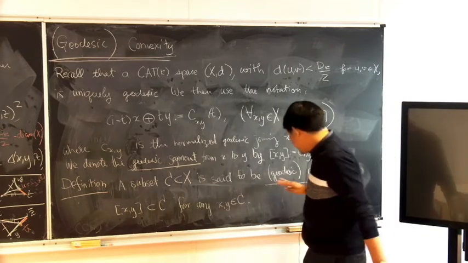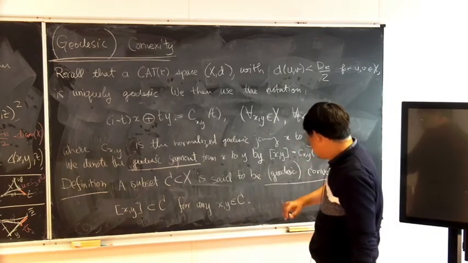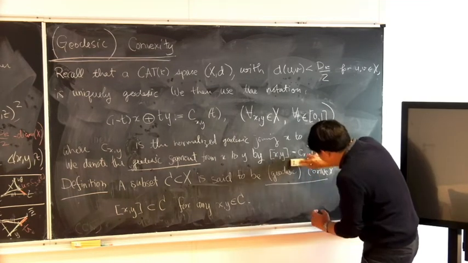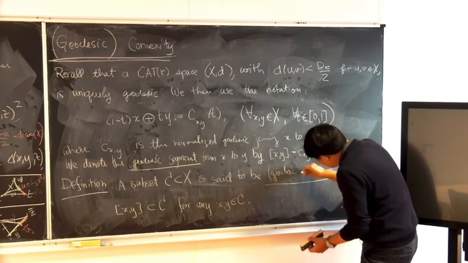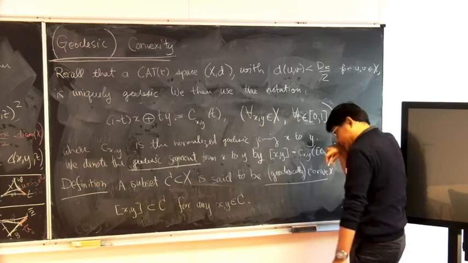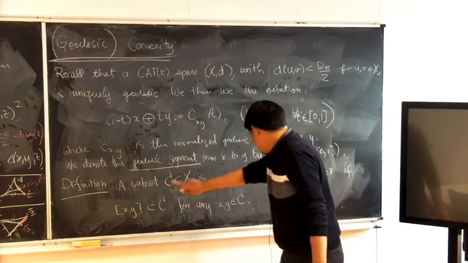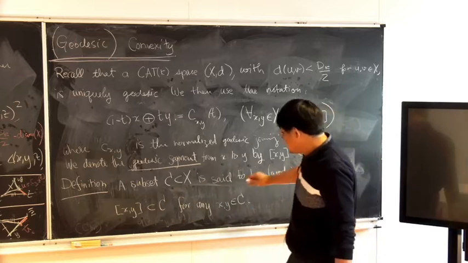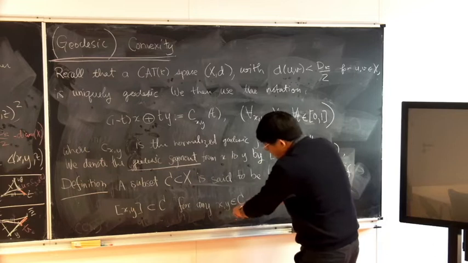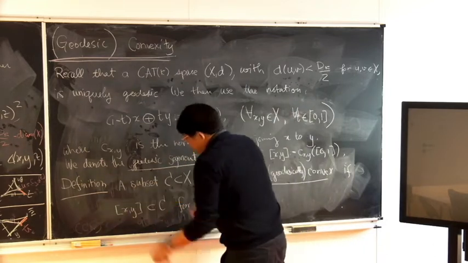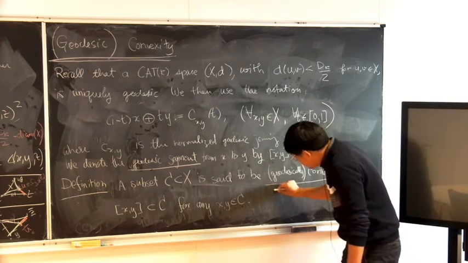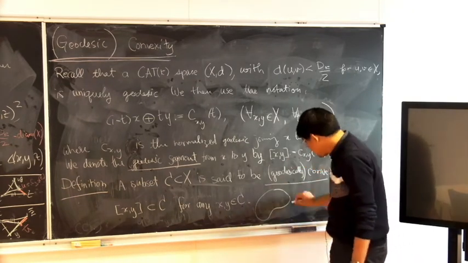Okay, so a geodesic convex subset, geodesically, I think grammatically, it has to be geodesically. So this subset C is said to be geodesically convex if, taking any 2 points within the set, you have the geodesic segment joining them lying also inside the set. So you have the set C being something like this.